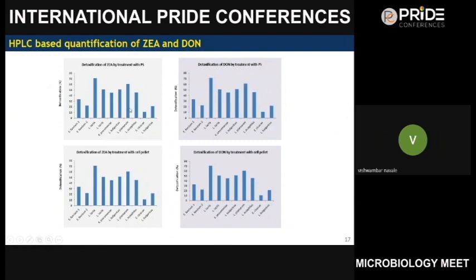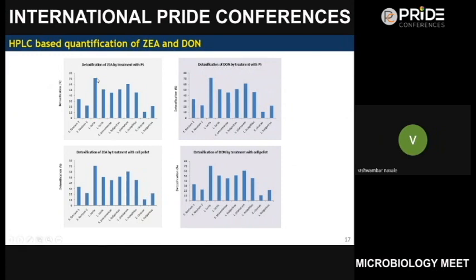In both cases, we tried different lactic acid bacteria like Faecium, Lactococcus lactis, Klebsiella pneumoniae, Lactobacillus vulgaris, and Lactobacillus acidophilus. These are different from our isolate, and some isolates we got from the national culture collection. We checked which strain gives good detoxification of these mycotoxins.